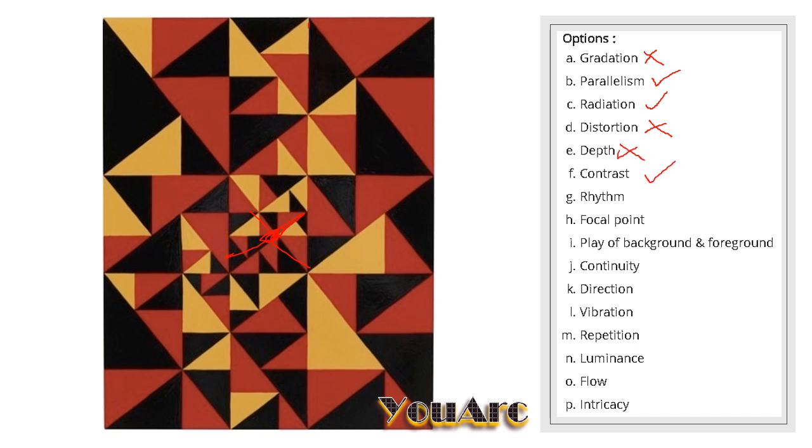Rhythm, yes, some rhythmic movement is there, focal point is there, play of foreground and background is not there, continuity is not there, direction is not there, vibration, no, repetition, yes, it has some same elements that are being repeated in a different pattern, maybe because of rhythm. Luminance is not there, flow is not there, intricacy, again it is not intricate like that. So my options will be parallelism, contrast, rhythm, focal point.